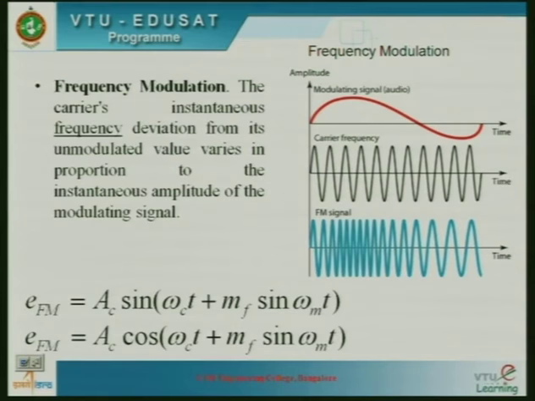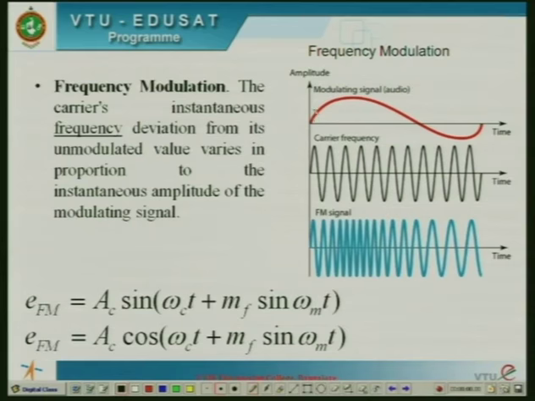Let us define frequency modulation. The carrier's instantaneous frequency deviation from its unmodulated value varies in proportion to the instantaneous amplitude of the modulating signal, and that is the basic definition of frequency modulation. Let me illustrate it with a simple graph. The instantaneous amplitude of the modulating signal changes the frequency of the carrier.